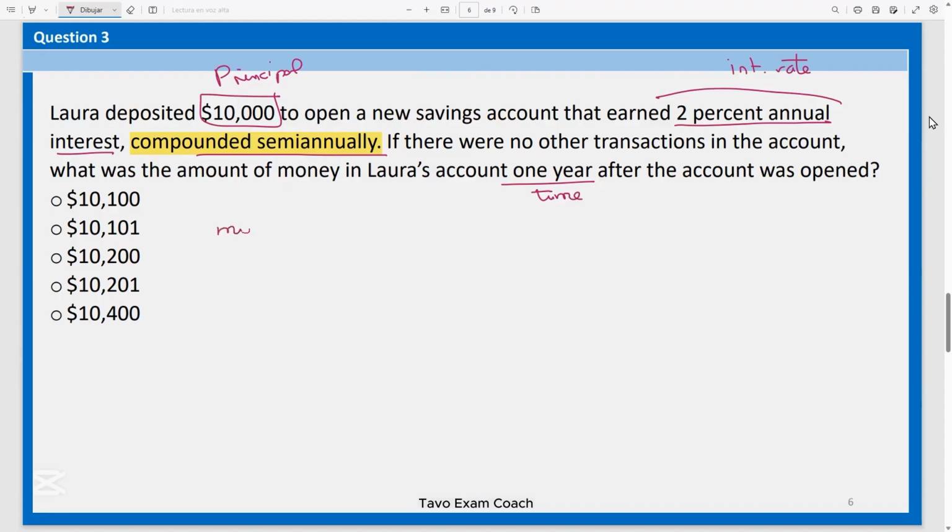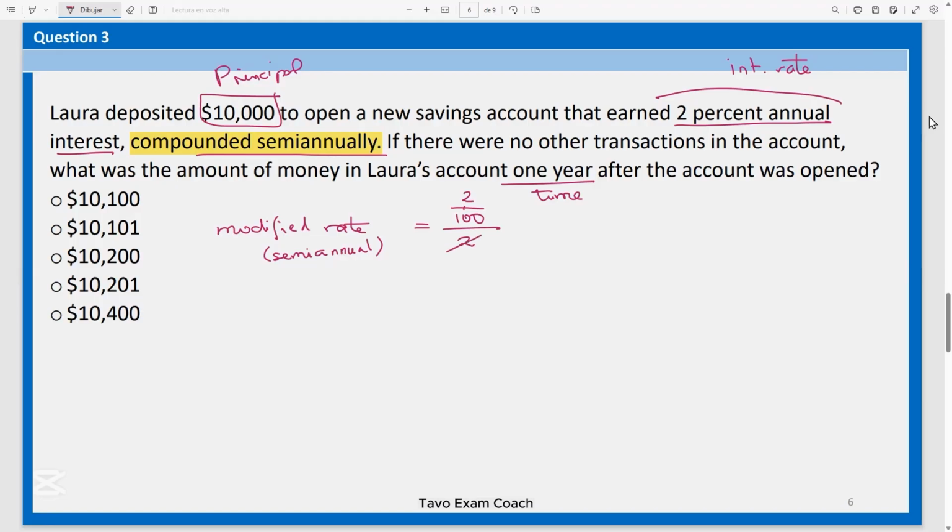First, let's calculate our modified rate. What's our modified rate? Well, if we have an annual rate, but the interest accumulation happens semi-annually, we need a semi-annual rate. Okay, in this case, semi-annual rate means dividing the yearly rate or annual rate 2 over 100 by 2, because each year has 2 semesters.